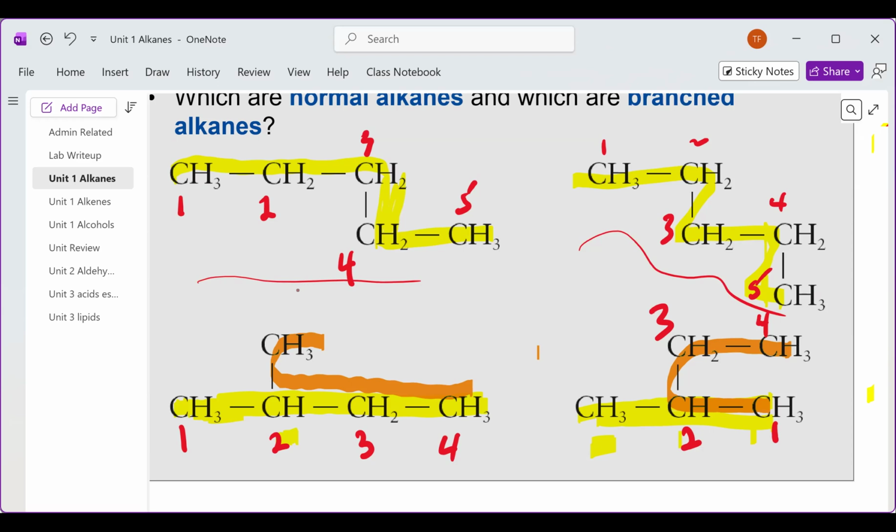Notice there's no branches because we're able to take our highlighter and cover it without lifting it on the left one and the right one. So these would be called N for normal, pentane. N, pentane.